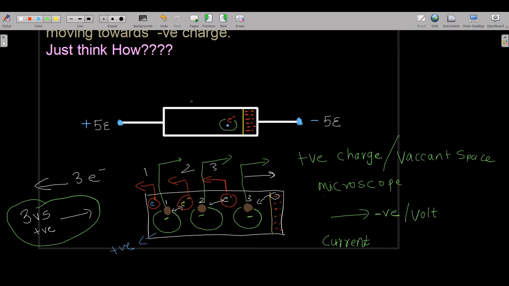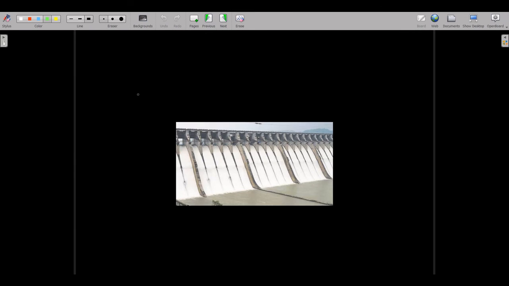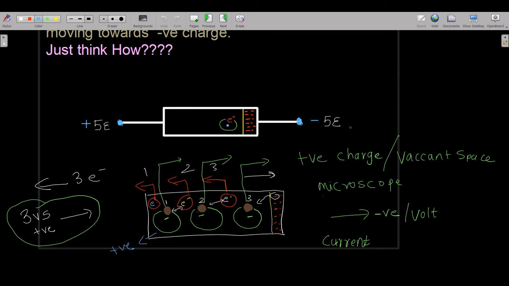Okay, so we will move to the next page. Now what we end up with as the conclusion is that current always moves from higher potential to lower potential. In this case, let's move to the earlier page.